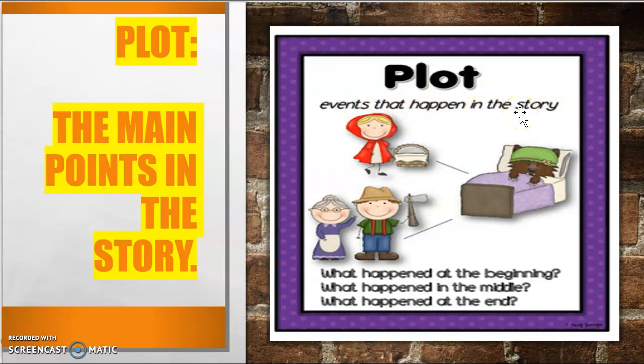Those are the things that happen at the beginning, the middle, and the end. If you're retelling the story like we looked at earlier on our chart, you can say what happens first, next, or last.